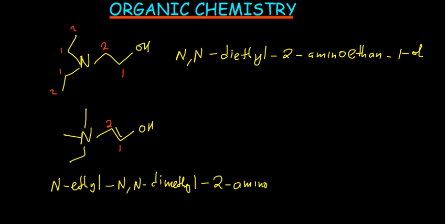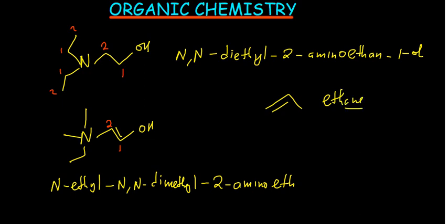The whole chain has got only 2 carbons, but there's a double bond. So instead of being an ethane, it is an ethene. Again, we need to state the position of the double bond. So just when we are naming, think of this one. When you want to name this one, it comes from ethane.